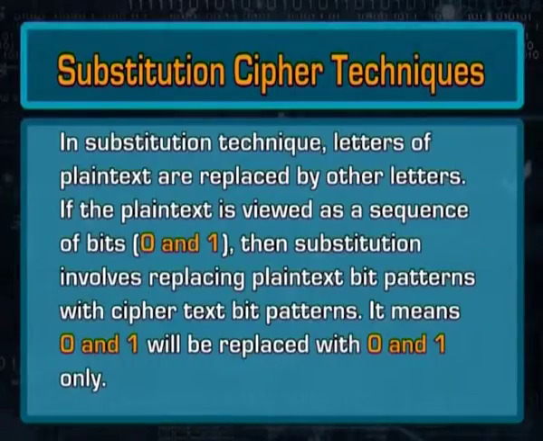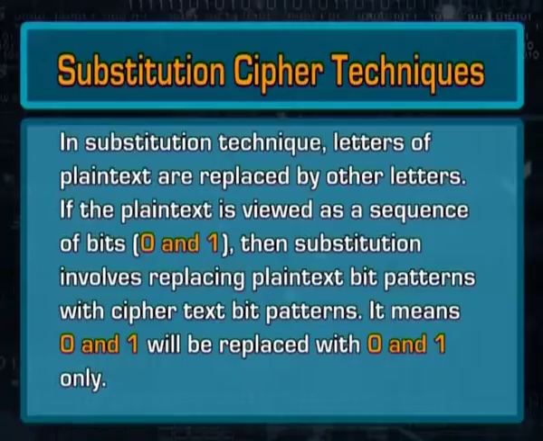Now in substitution techniques, letters of plain text are replaced by other letters. If the plain text is viewed as a sequence of bits, that is 0 and 1, then substitution involves replacing plain text bit patterns with ciphertext bit patterns.